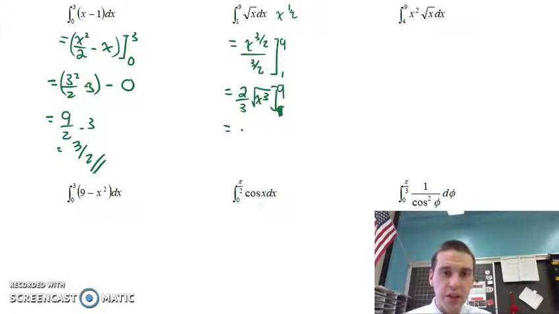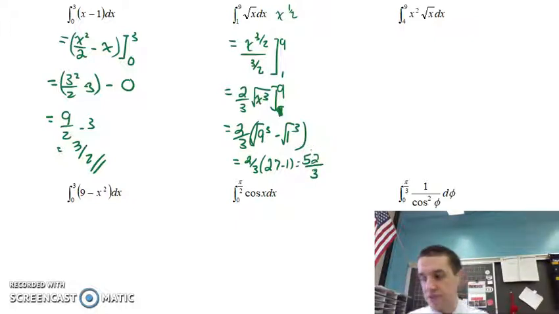And so we're going to get 2/3 of 9 cubed minus 1. Square root of 9 is 3, 3 cubed is 27, minus 1 is 26. 26 times 2 is 52 divided by 3.